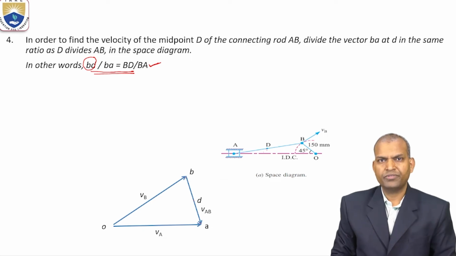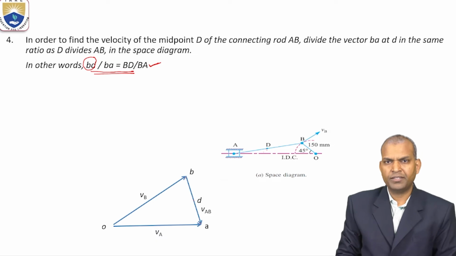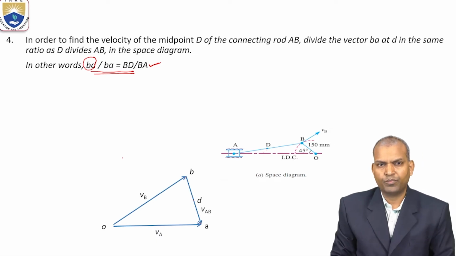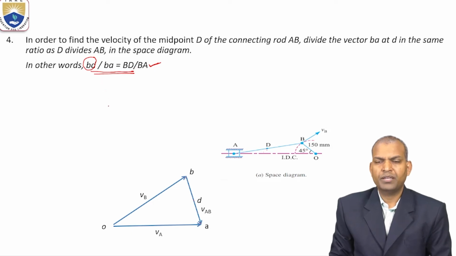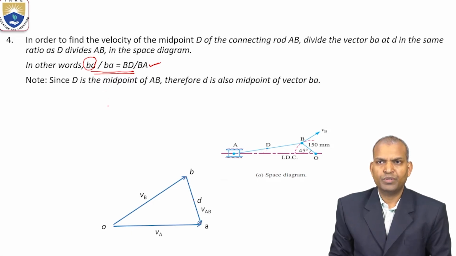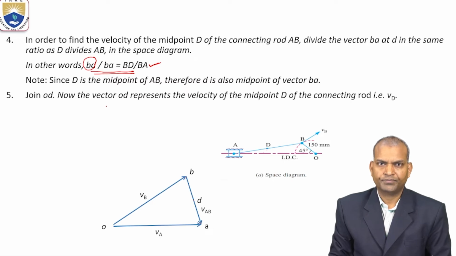By using this division rule, we find the length of the vector of point D on the connecting rod. So BD by BA equals the space BD by BA. Here it is the midpoint, so you can mark directly.